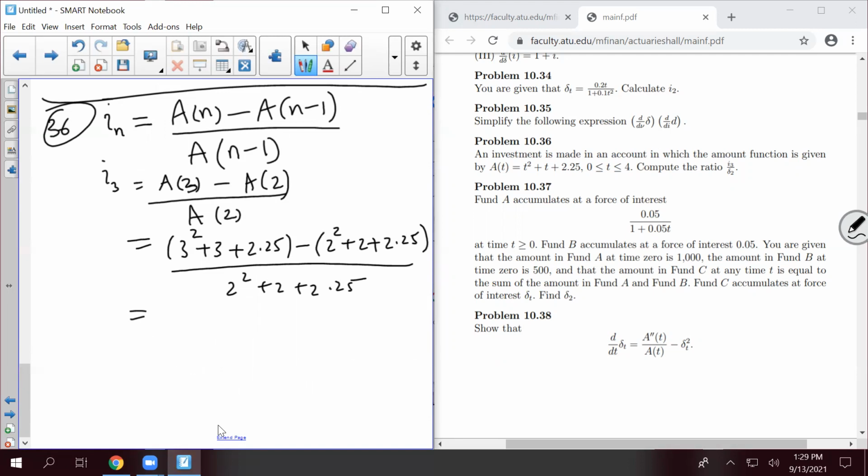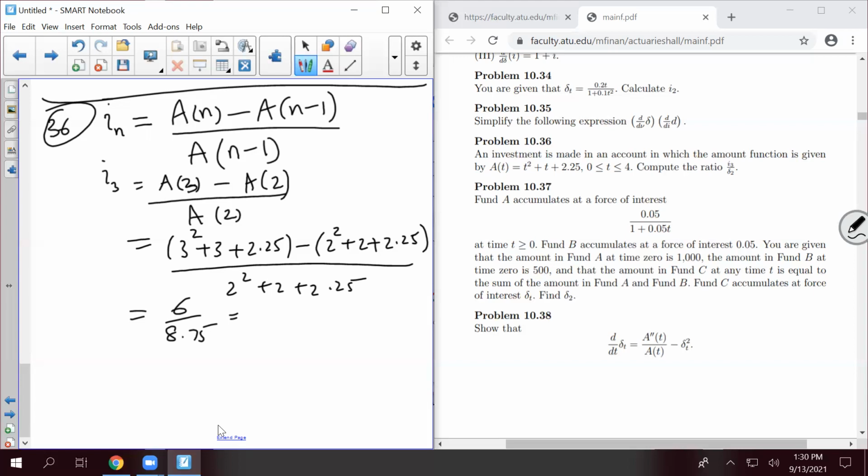Six over 8.25. Don't round too much. 6 over 8.25.